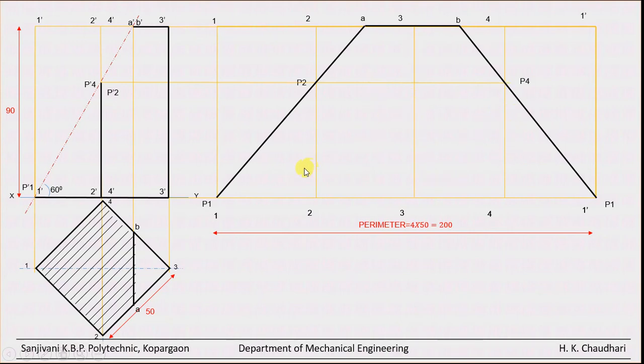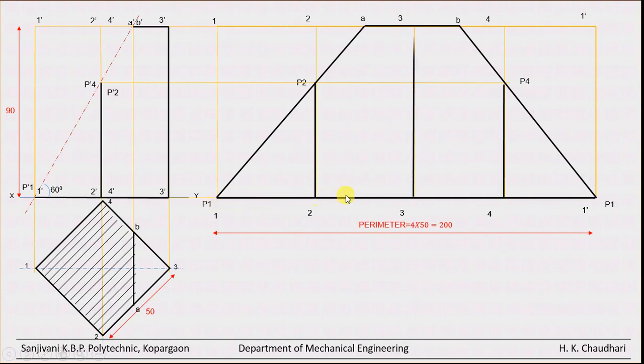So we have to just complete the edges. These edges remain as they are. So draw the baseline and the vertical edges. Here we have completed the development of the given prism. So I hope you understood this problem. Okay, thank you.